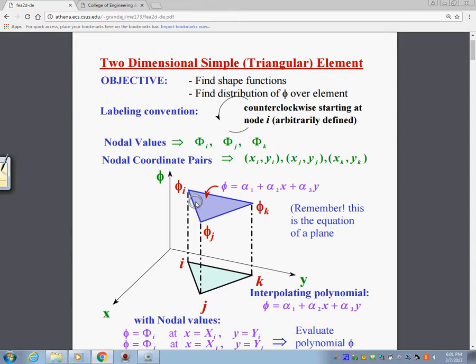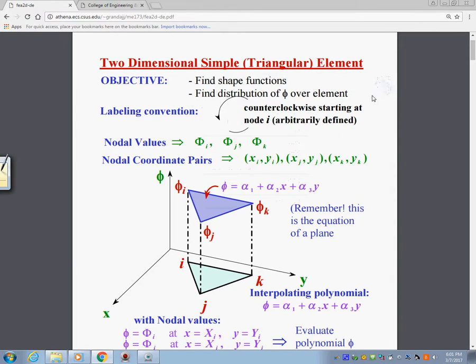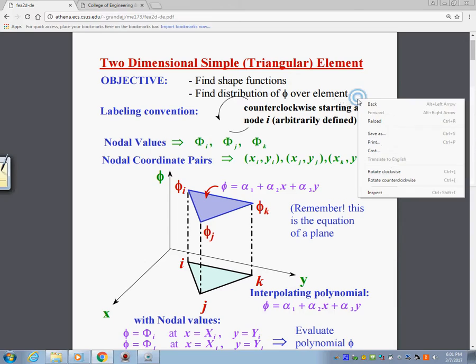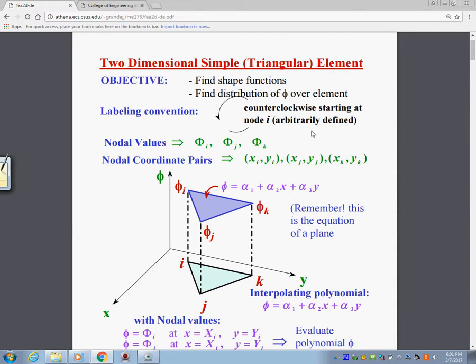Okay, what are we going to do now? The objective, remember what it is? Find the shape functions and also find the distribution over the finite element. That's what we need.